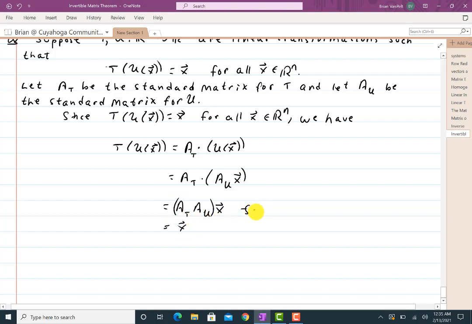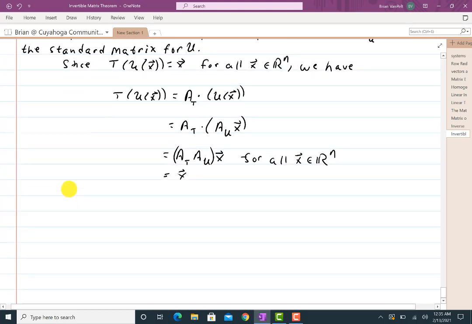I meant to say for all x in Rn. I keep reminding you of that. So A_T A_U x equals x for all x in Rn.